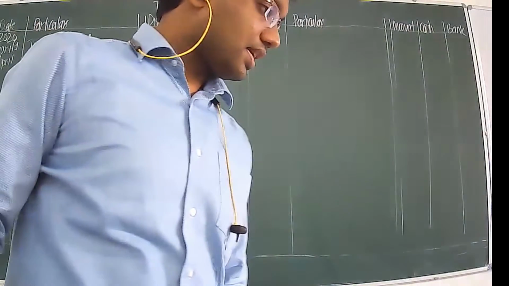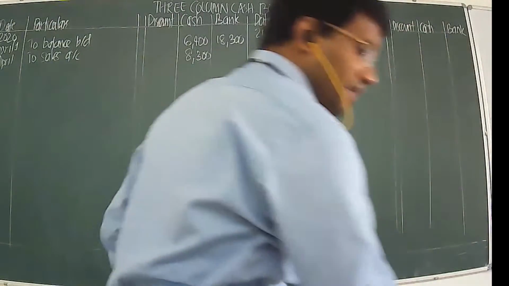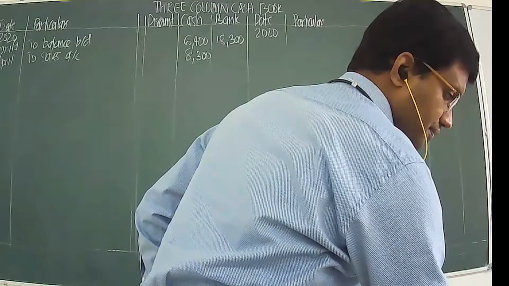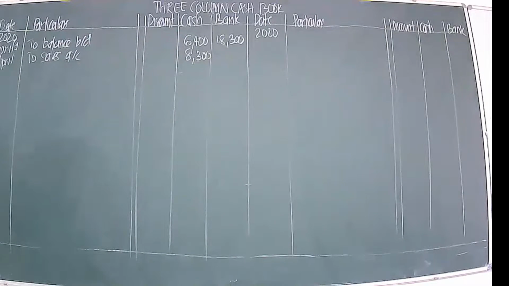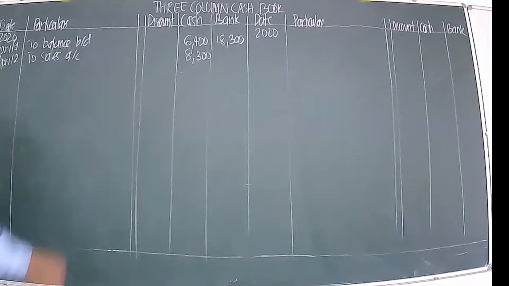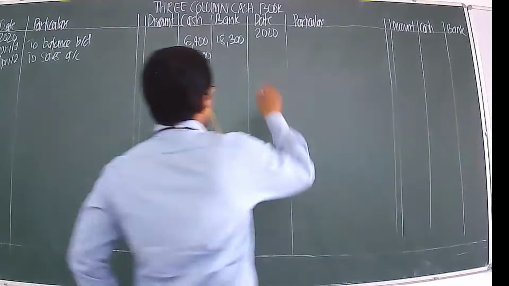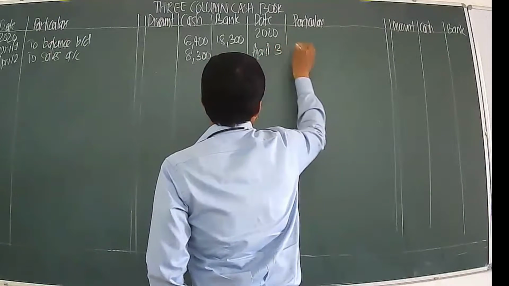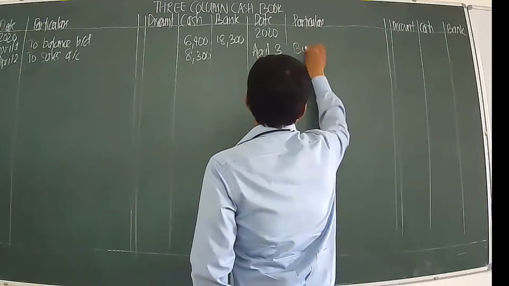Okay, next transaction we have Divya. Yes, good morning, sir. Good morning, Divya. Yes, sir. The next transaction is paid into bank rupees 9,200. Okay, so the entry is we have paid into bank, so by bank account on the credit side. Okay, so here how will it be? April 3rd, by bank account.